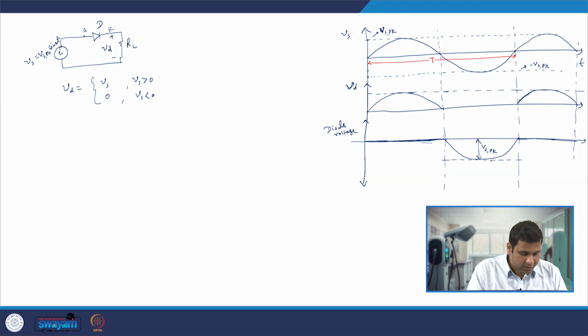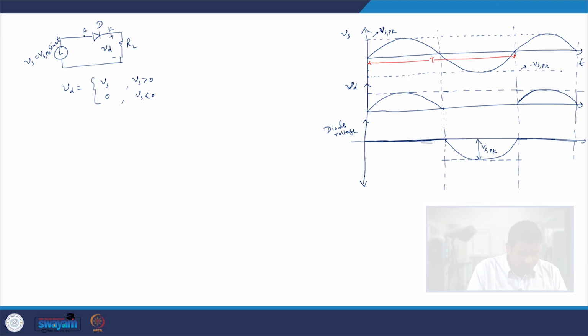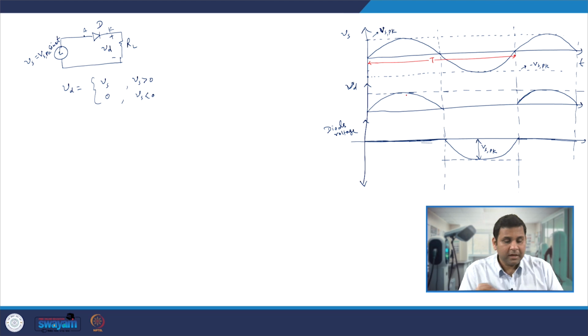Now, let us also draw the current. So, let me draw the current with the other color. Since the voltage is a half sine wave shape appearing across the resistive load, the current will also follow the voltage and have the same shape, where this peak will be nothing but Vs peak by RL.